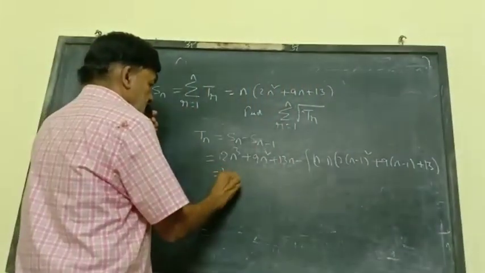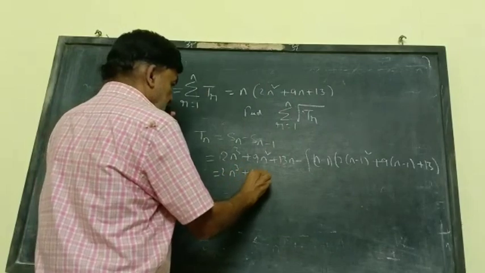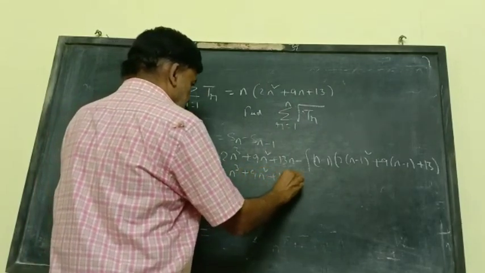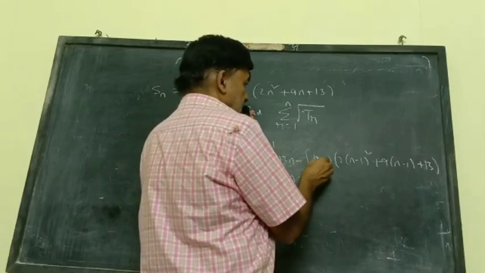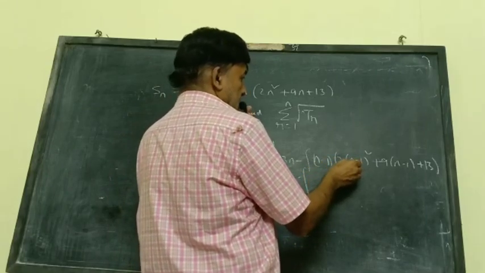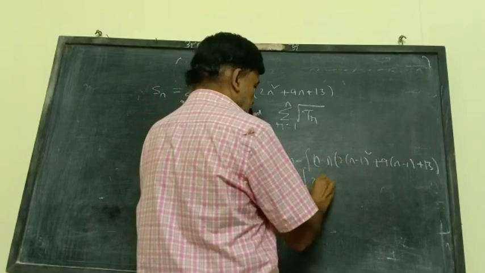When you expand this, n into 2n square is 2n cube.